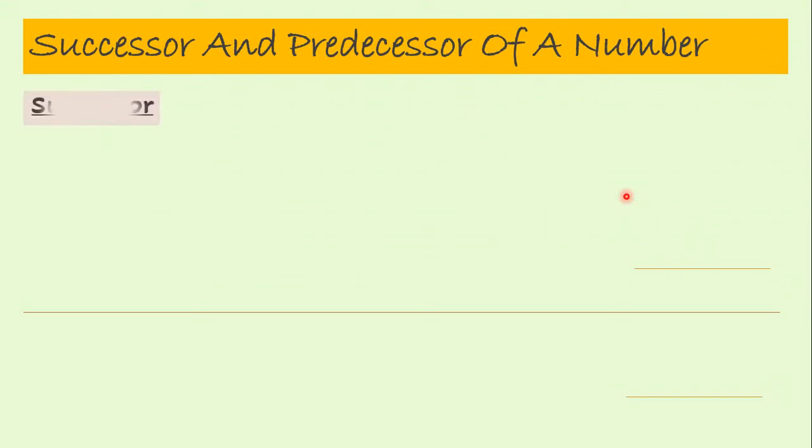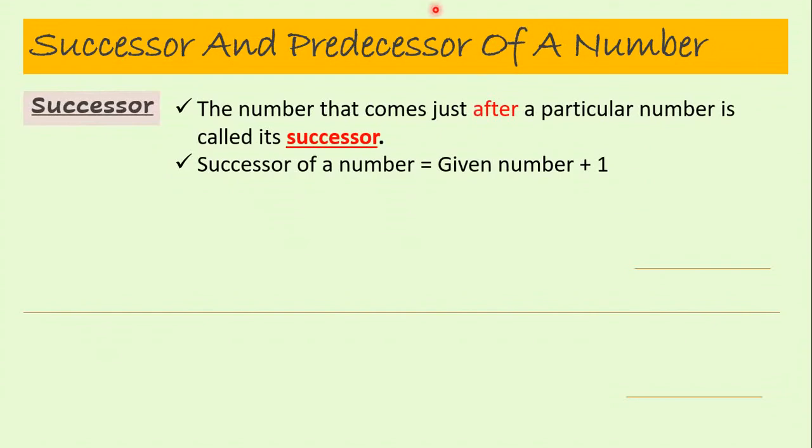Let's study successor. What is successor? The number that just comes after a particular number is called its successor. As we have already studied, after number, so the number that comes just after a particular number is called its successor. Then how to get successor of a given number?